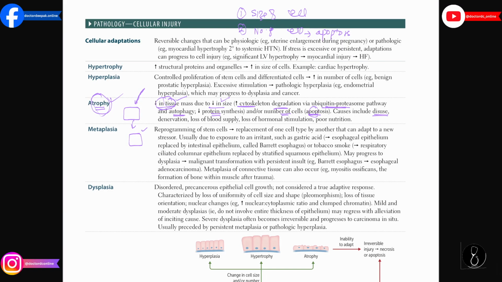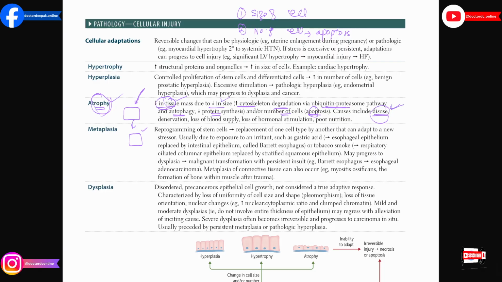But suppose this person does not go to the gym now, and he says, I will not go to the gym anymore for 5, 7, 8 years, and you will see after he stopped the gym, his muscle mass will decrease. This is an example of disuse. If you do not use your muscle, it automatically returns to its normal condition. Its size will automatically decrease. So this is an example of disuse.